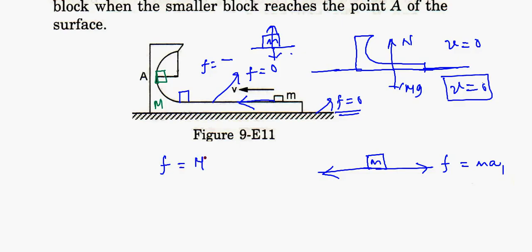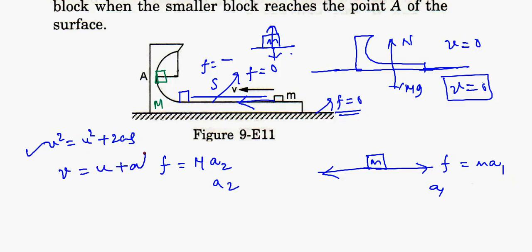So that is F equals M into a2. From here we can get a1 and a2. And if this distance is given, then we can use v squared equals u squared plus 2as and can get the value of v, provided we are taking everything relative. If time is given, we can use v equals u plus at and get this velocity.